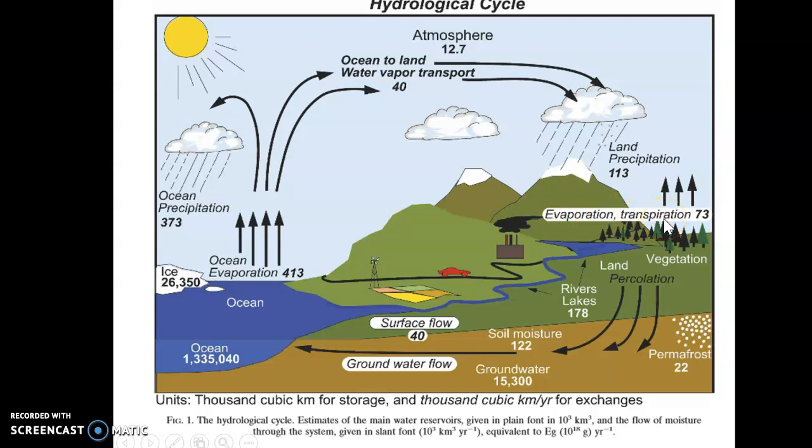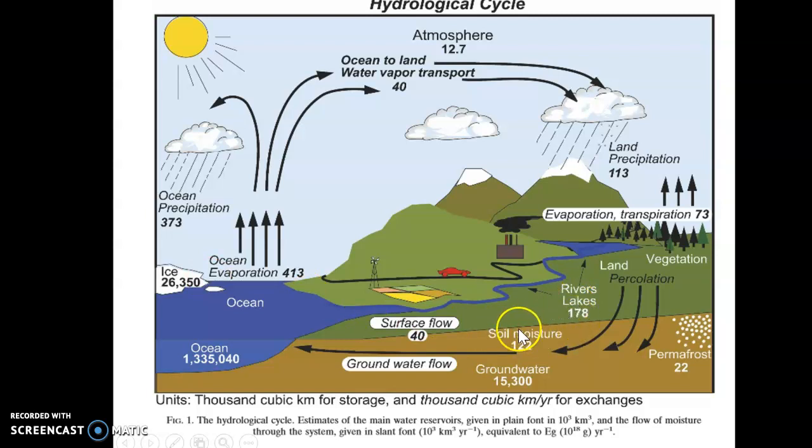And one thing to think about is that you notice that some of the stuff here is italicized, like this one. Some are numbers that are expressed after letters that are not italicized, like ice, for example, and rivers and lakes are that way.